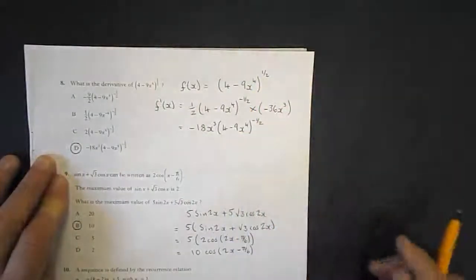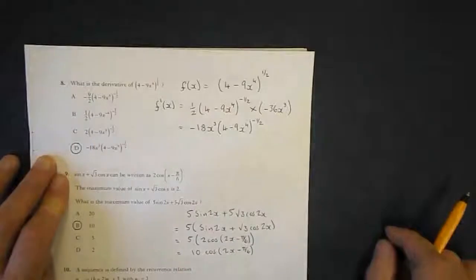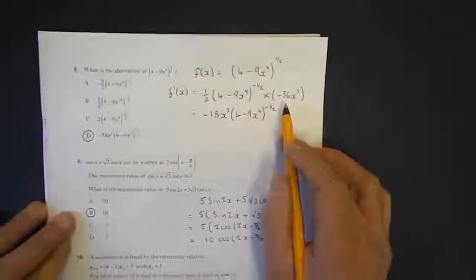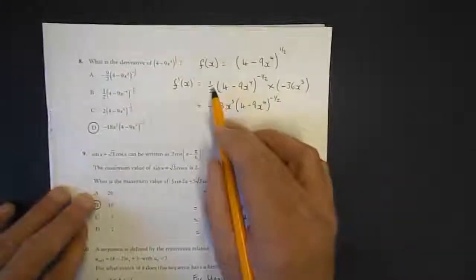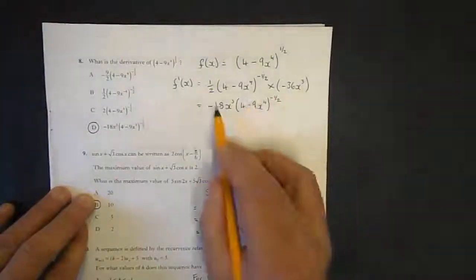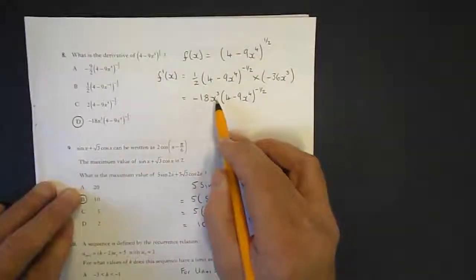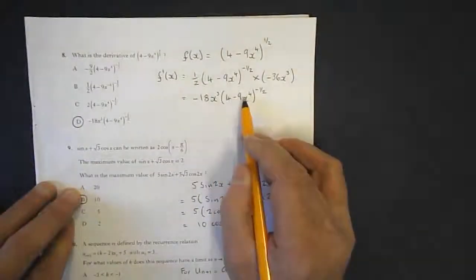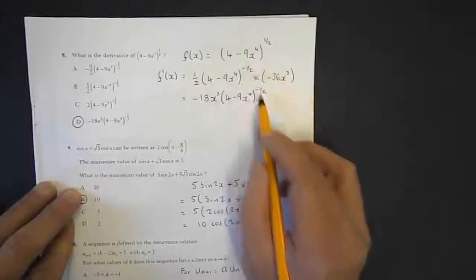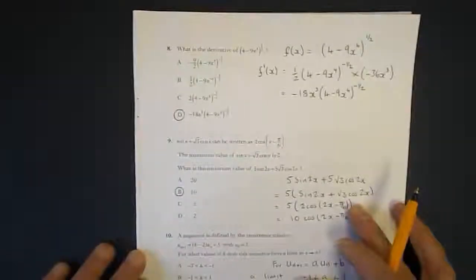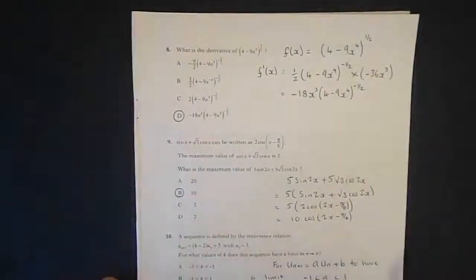Now, if you differentiate that, you get minus 36x cubed. There we have it there. And we have a little bit of tidying up to do now. A half of minus 36 is minus 18. The x cubed just comes up to the beginning there. And then you have the bracket to the minus a half written there. Okay, and that's choice D.